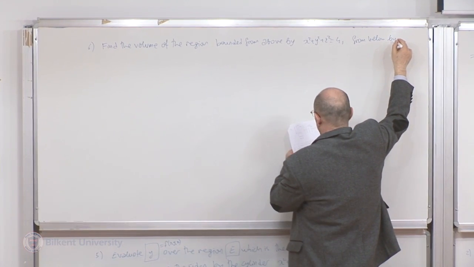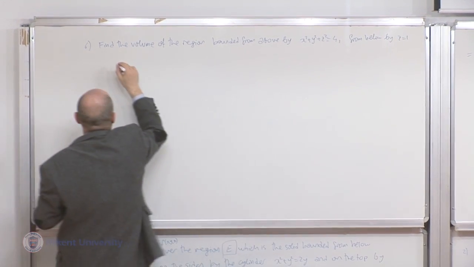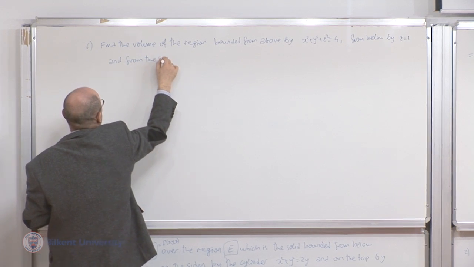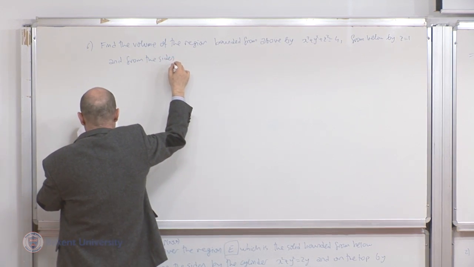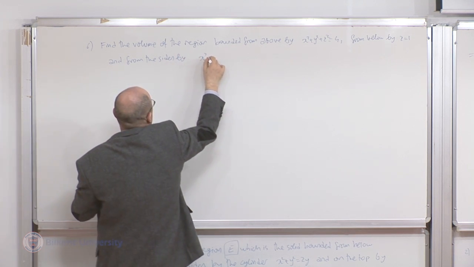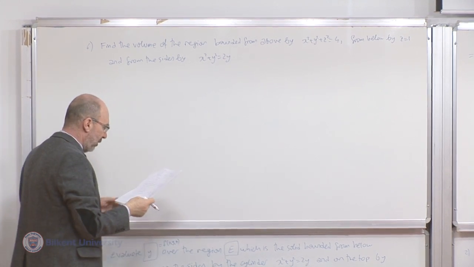By z equals 1, and from the sides, by x squared plus y squared equals 2y, as in the previous one.